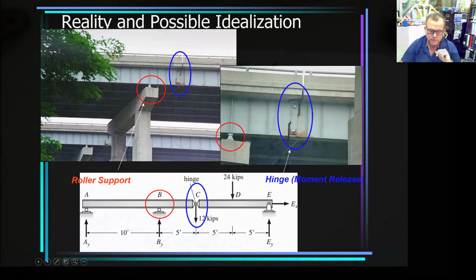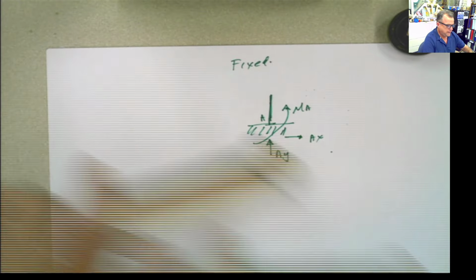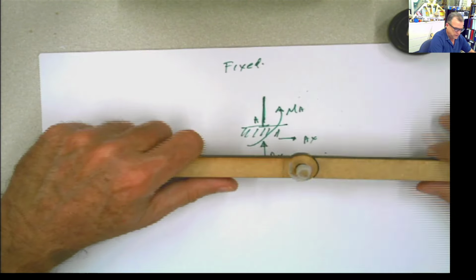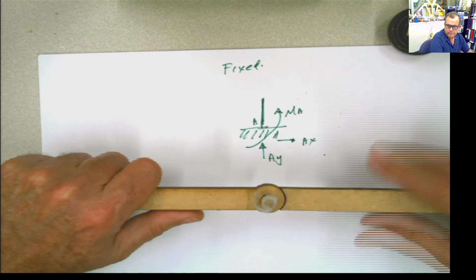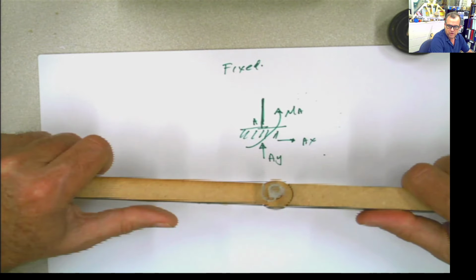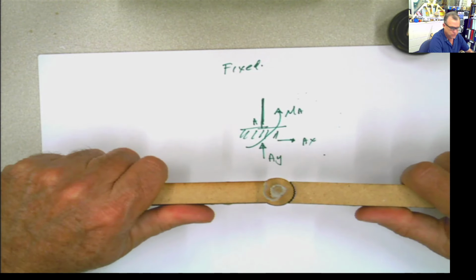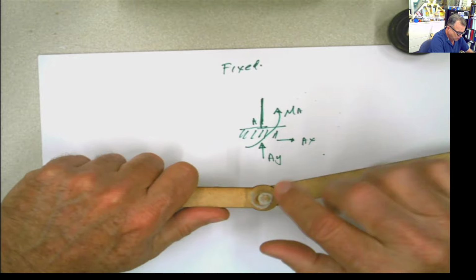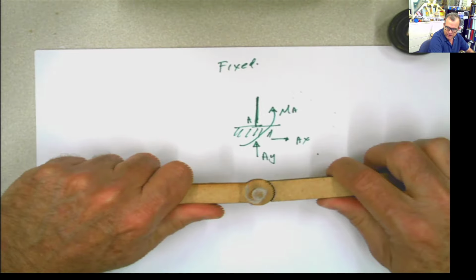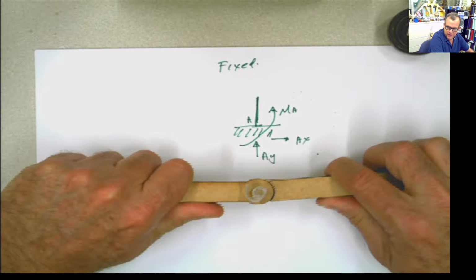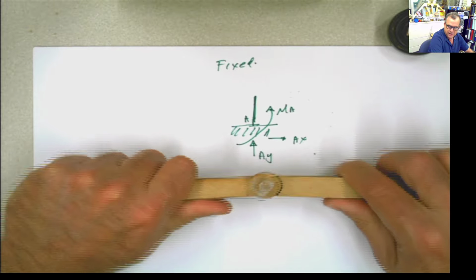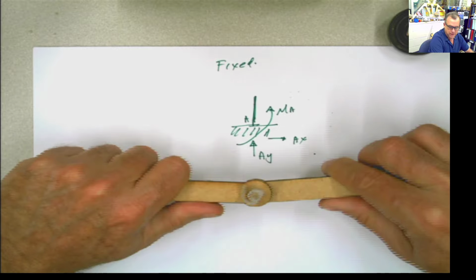However, the hinge is used to connect one part of the structure with a different part of the structure. As you can see, if I try to go in this direction, up or down, I cannot. If I try to go side to side, I can, but it can rotate. The moment is free.